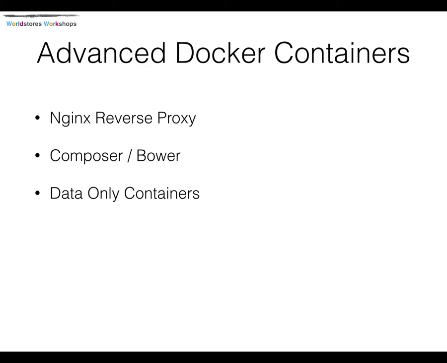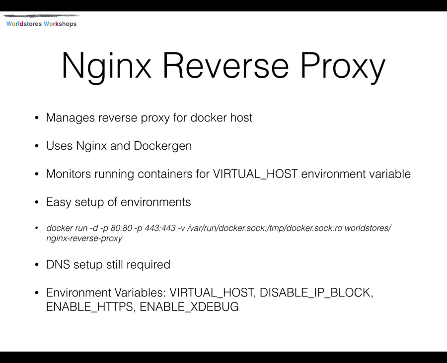So the Nginx reverse proxy. This is something which is there to ease the setup of our development environment. If you cast your mind back to the basics workshop, we finished that off by setting up an Apache container, which we then had to access in the browser by going to the Docker machine's IP and putting a colon 8080 or whatever port we bound.